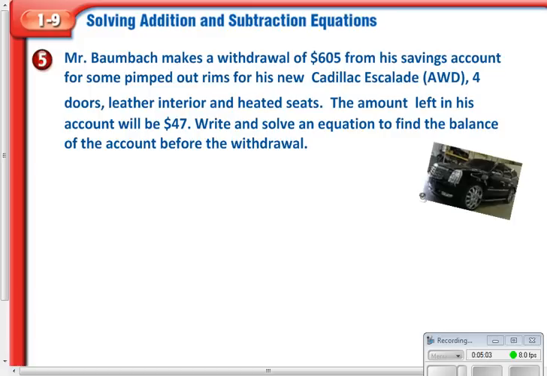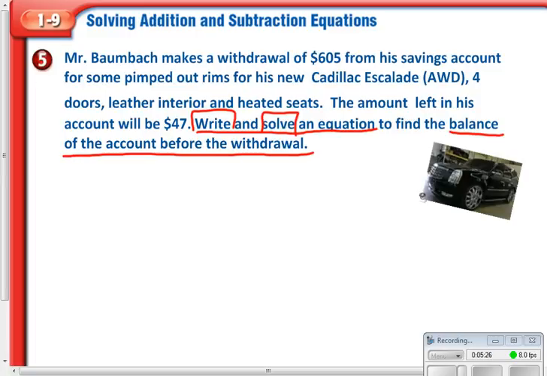You might want to go back and underline some critical things here. Some critical things is that we need to write and solve an equation, to find the balance of the account before the withdrawal. So that's what we need to find out.